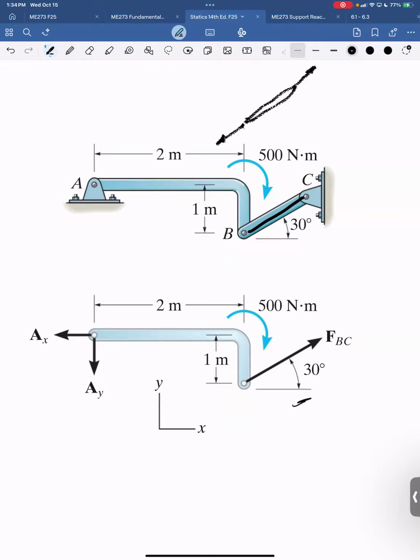So instead of putting, I see what he did. He broke up this thing into two objects. So now we're just drawing a free body diagram of A, B, and we realize that link BC is a two force member. So we replace that link in this case with a 30-degree force.